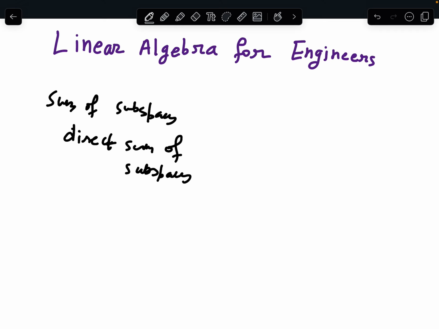We also saw that union of two subspaces need not give us a subspace, whereas intersection of two subspaces always gives us a subspace. So this was the content of our last video.